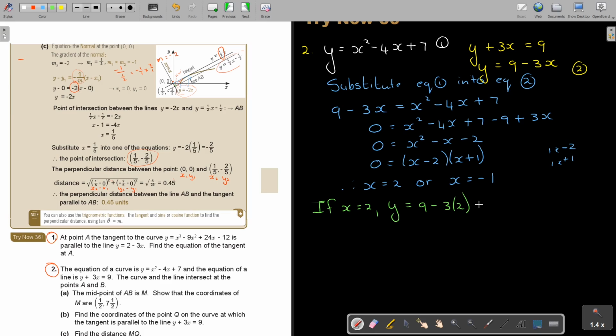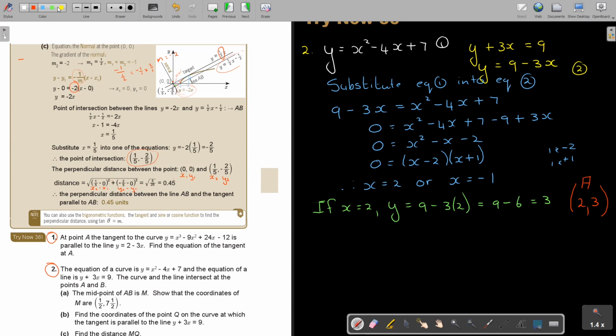And that will give you 9 minus 6, and that will be 3. And that point will then be, so that I don't get mixed up, 2 and 3. Okay. And then the next one, we can call this A, it doesn't matter, it's the first one.